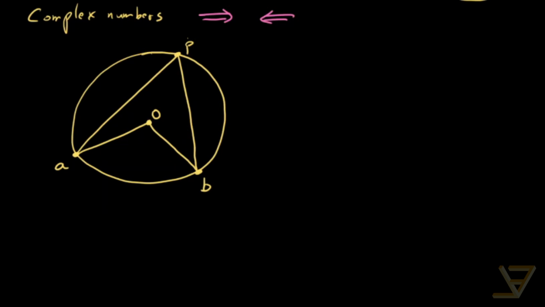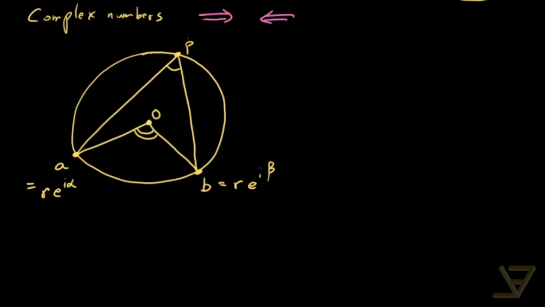And we're going to try to prove that this angle up here is half of the angle down here in all three cases. So what we're going to do is call A in polar form r times e to the i alpha, where alpha is the angle. B is r e to the i beta.